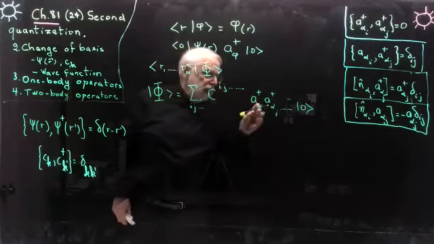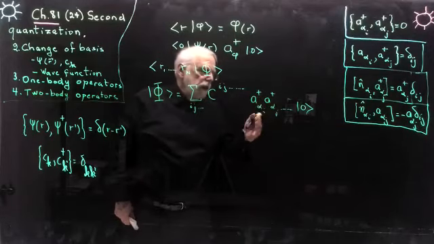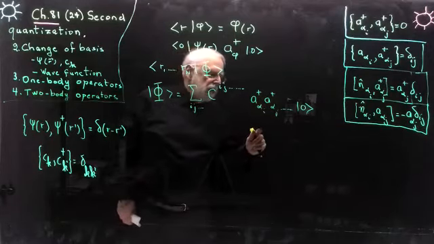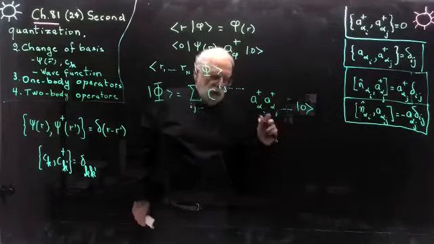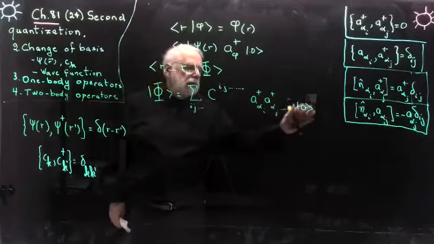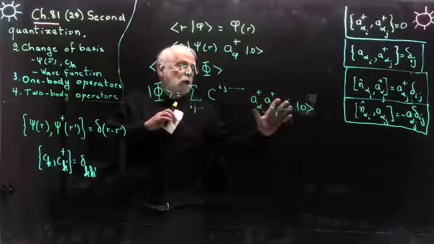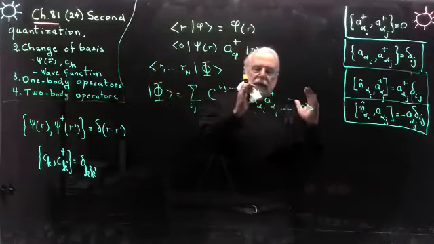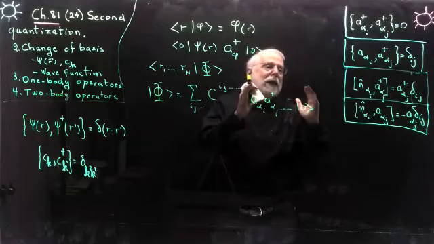For example, I can remove a particle in state 1 and put one in state n plus 1. Then I would have a dagger of alpha n plus 1, etc. acting on 0. You understand? So the complete Hilbert space has to be a linear combination of these so-called one particle states. They're not one particle states, but they are, if you want, independent particle states.